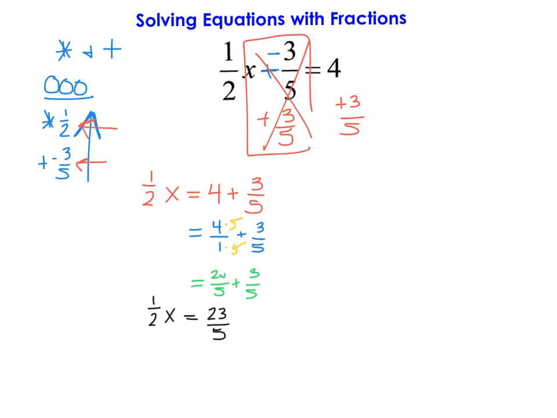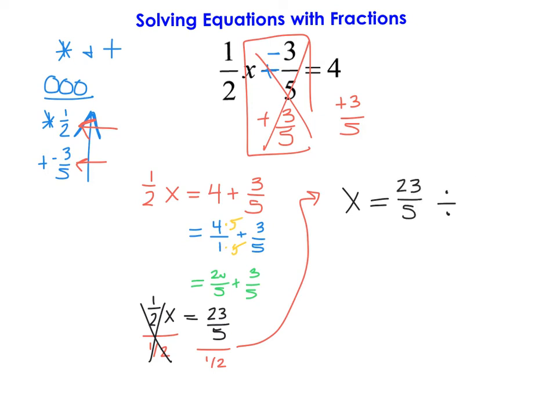Now from here, I can finally undo this second step here. So if I'm multiplying by 1/2, the way that I undo that is I divide by 1/2. So if I write this out, I end up with x, because these canceled out, x is equal to 23/5 divided by 1/2.